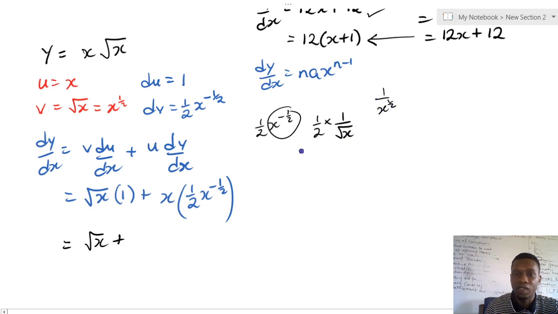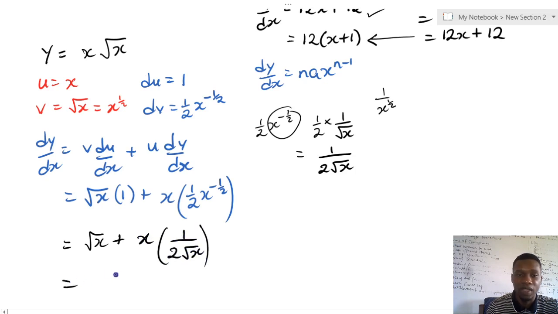So this is entirely equal to 1 over 2 root x. So therefore here will be x times 1 over 2 root x. So my answer can end as root x plus x over 2 root x.